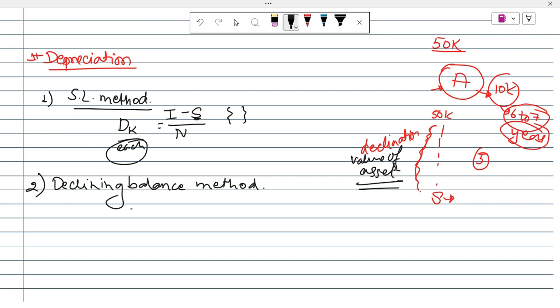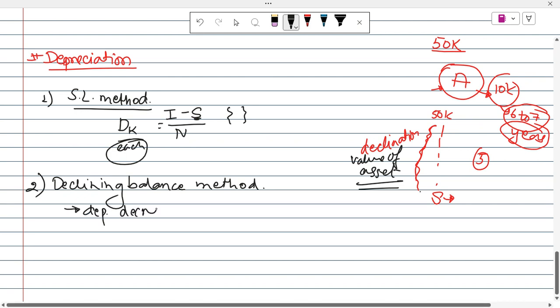The depreciation charge decreases with time.